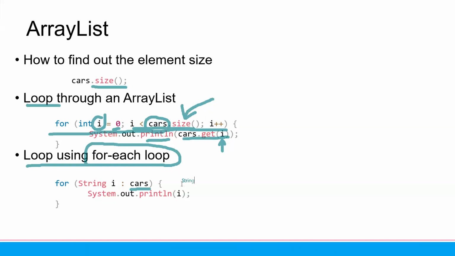So I will just call the data type, which is string, and then I'm using a variable which is I. You can define any variable, and I want to get every element in cars. So I want to get every string element in cars and put it into the variable I. So when I print I, it will show every car that I have inserted.